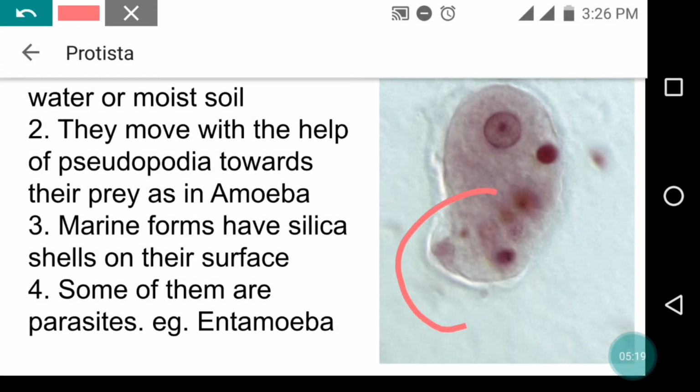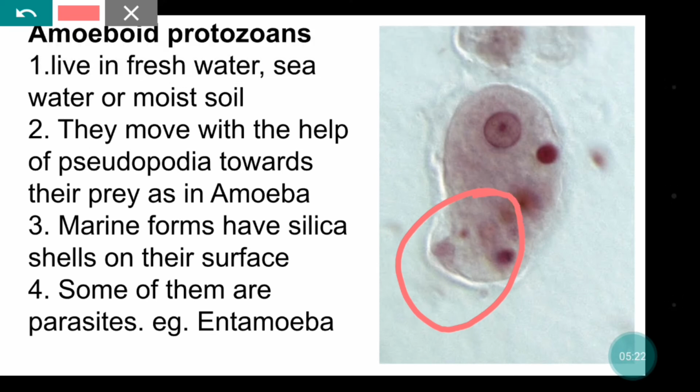You can see this is the cell, and it will gradually form this kind of projections, and accordingly it will move in this direction if required, right? So they move with the help of pseudopodia towards their prey, as in amoeba.